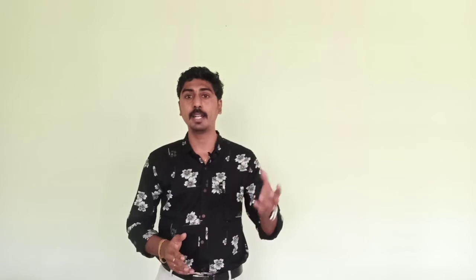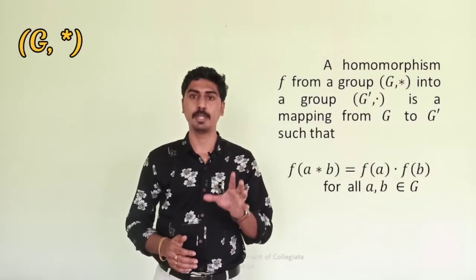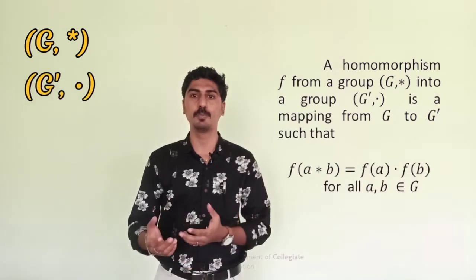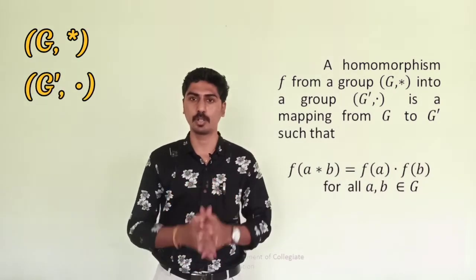Let me define homomorphism formally. Let G be a group under the binary operation star. Let G dash be a group under the binary operation dot.